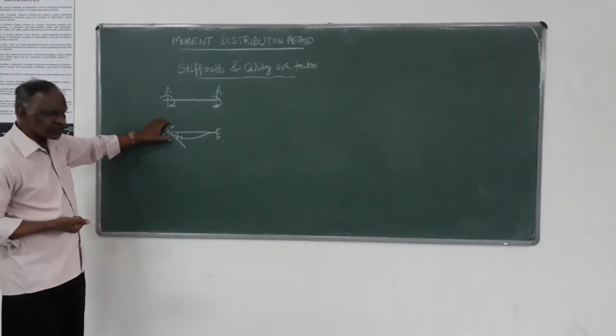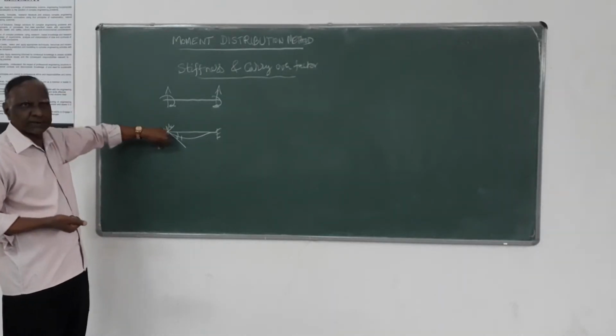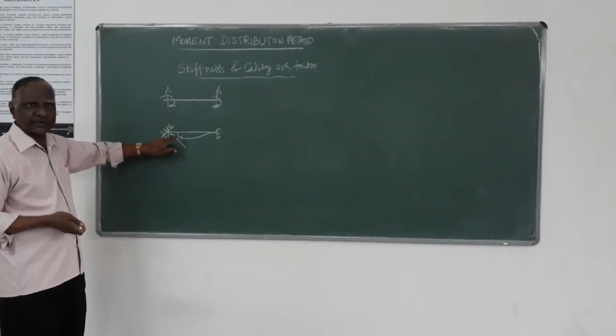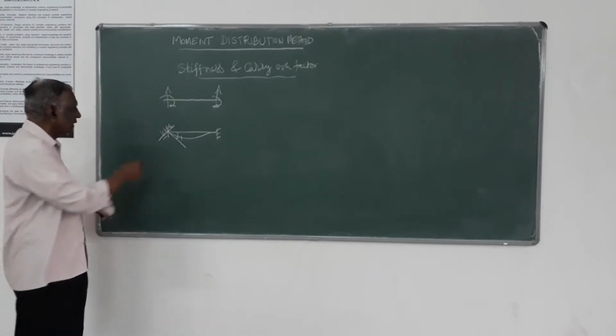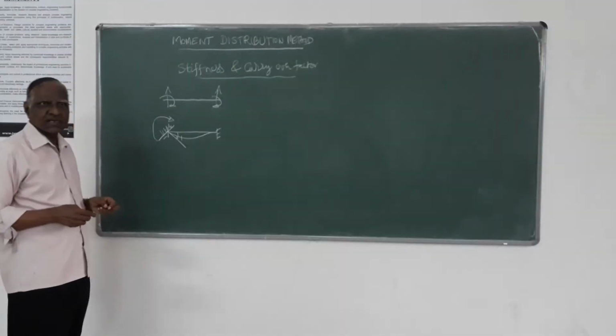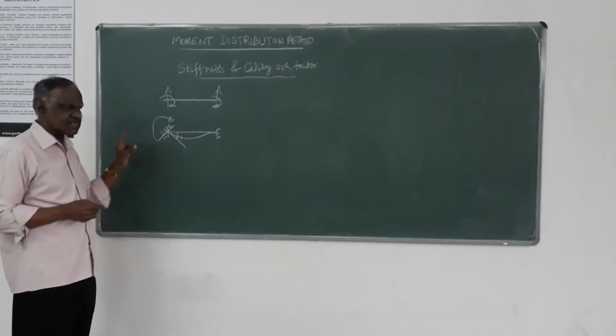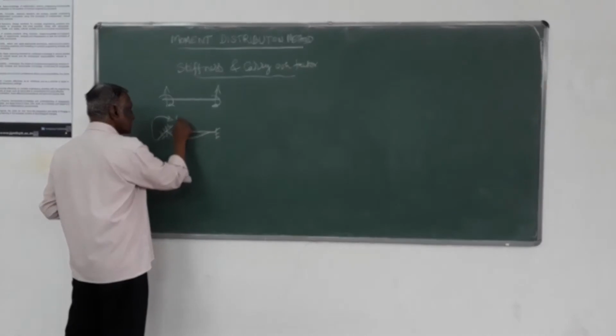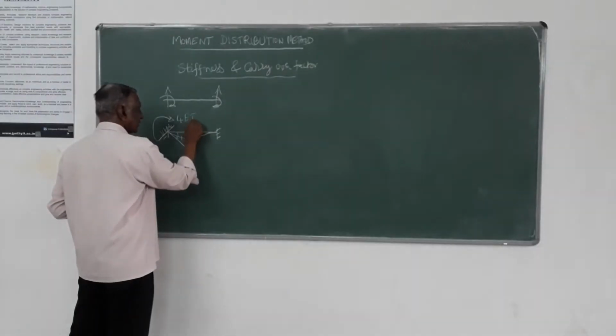Since it was fixed, we are forcing that end to give this unit rotation, and there must be a force required to cause this displacement. That force we call the stiffness.